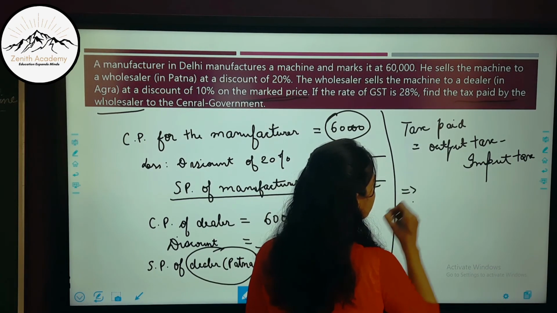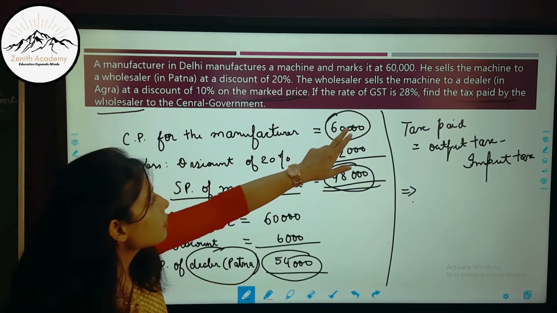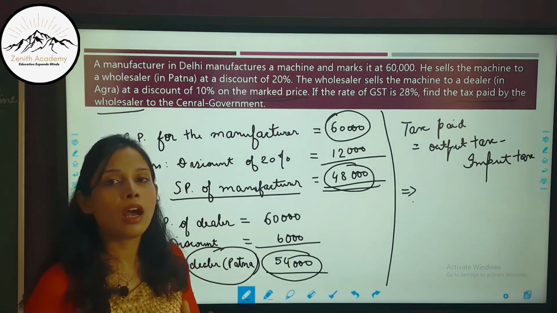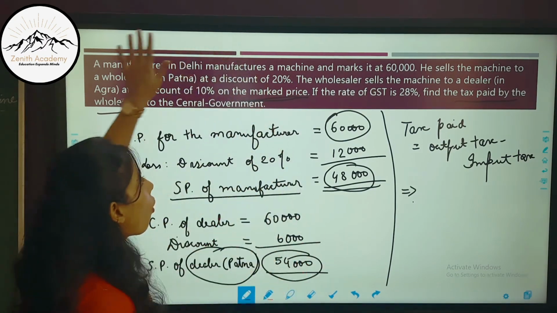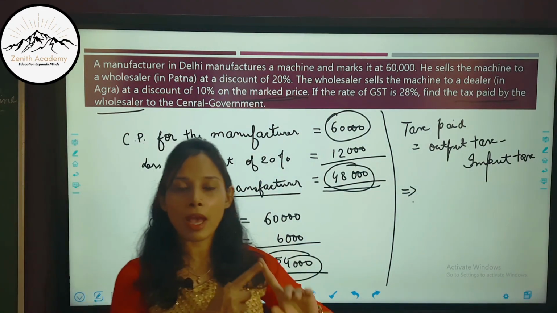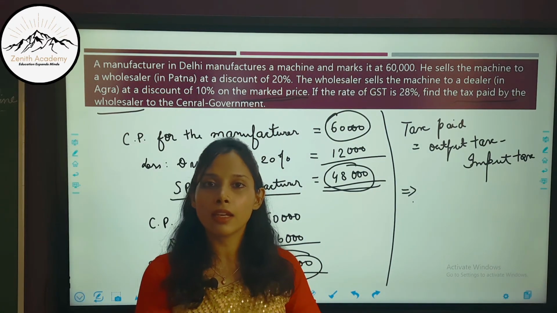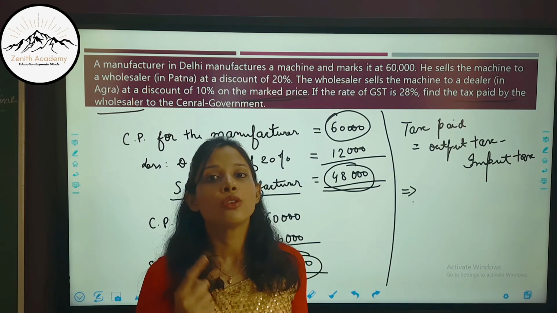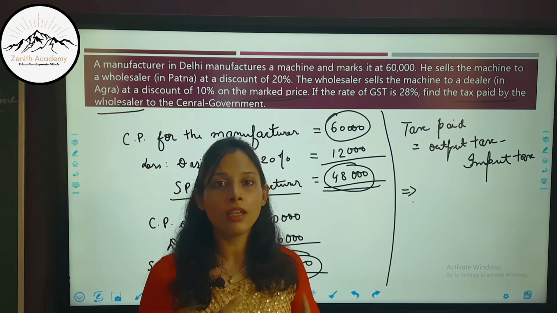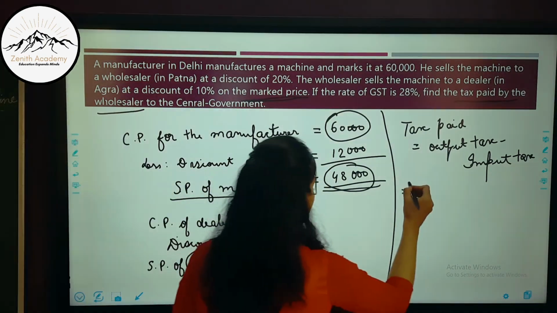The rate of tax is 28%. Here we are not bifurcating into CGST and SGST because all the transactions, whether between the manufacturer and the dealer in Patna, or the dealer in Patna and the dealer in Agra, are interstate transactions. So we'll have only one GST, that is the IGST at the rate of 28%.